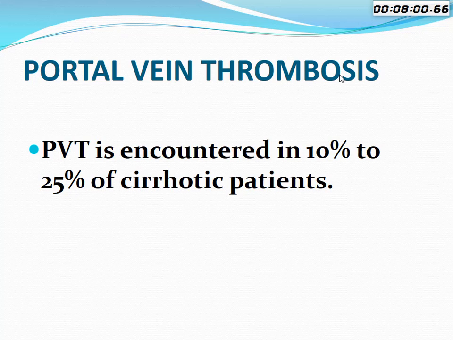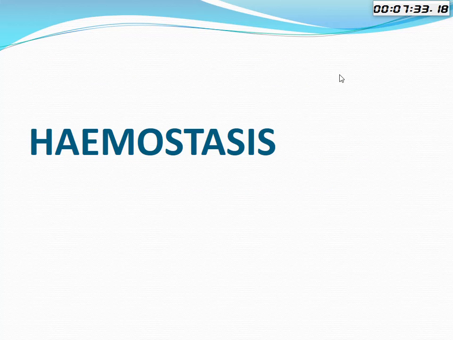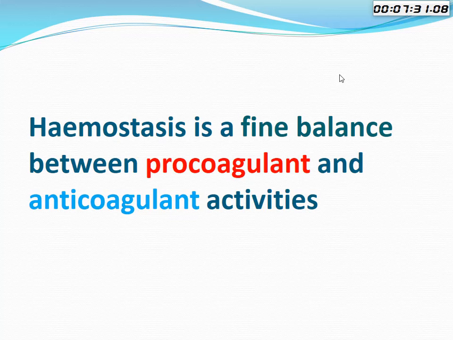Also, portal vein thrombosis represents around 10 to 25% in cirrhotic patients. From these figures, we nearly face a normal patient, although it is cirrhotic, with nearly the same possibility of happening of venous thromboembolic problems.